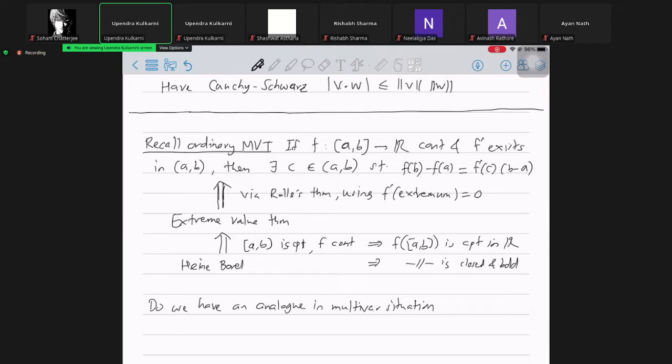So if you just look at this statement, you see there are some issues. So first of all, this C that exists between A and B, there is no such thing as between. So any guesses? If you were to guess, what kind of analog would we want?